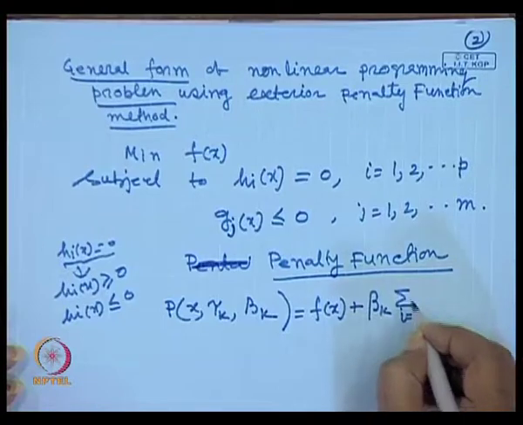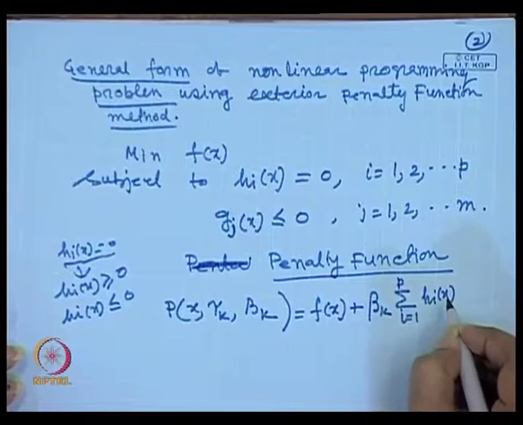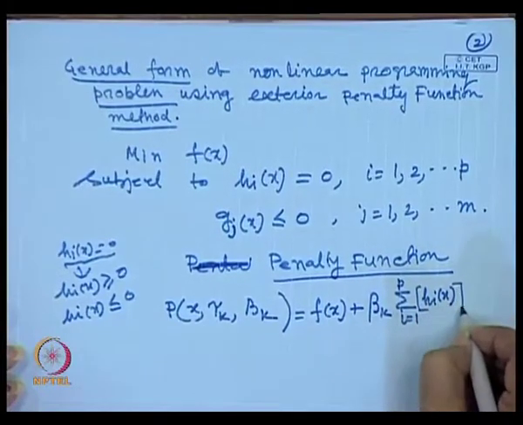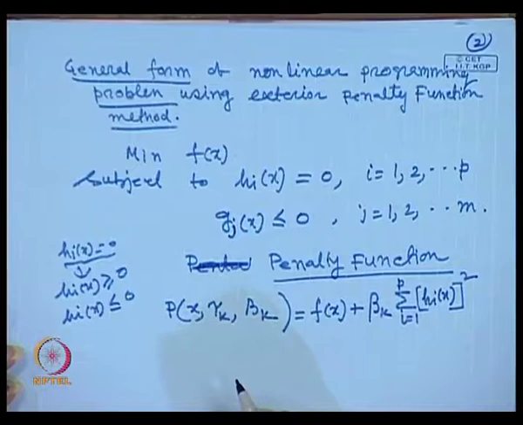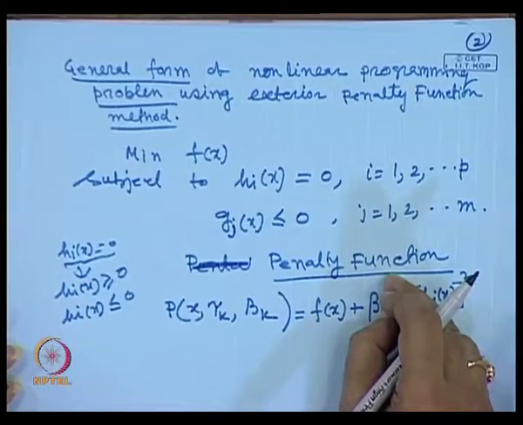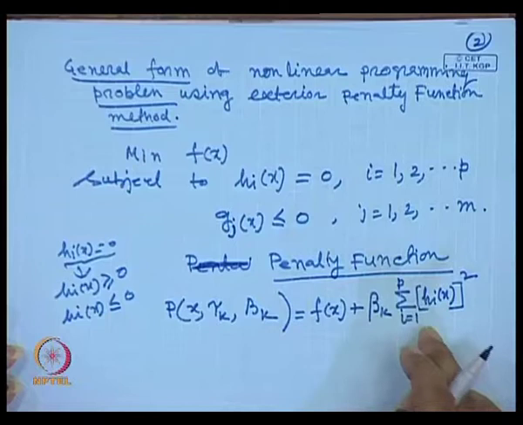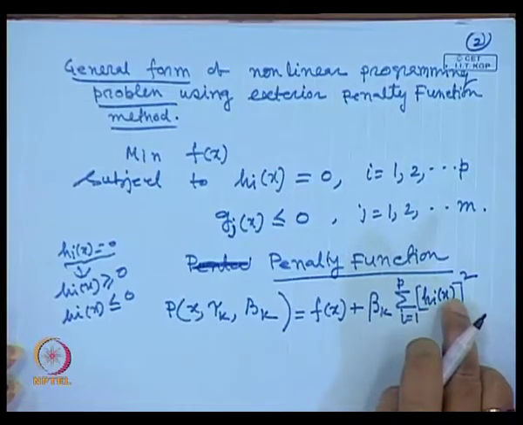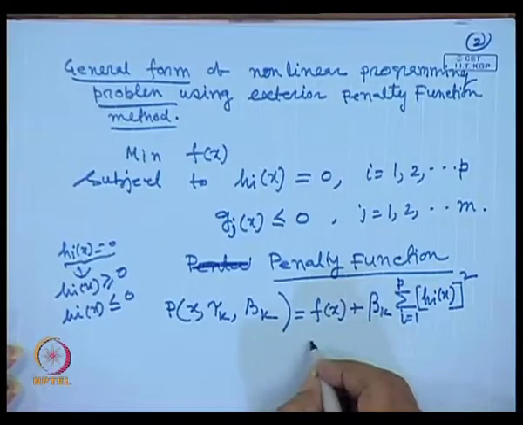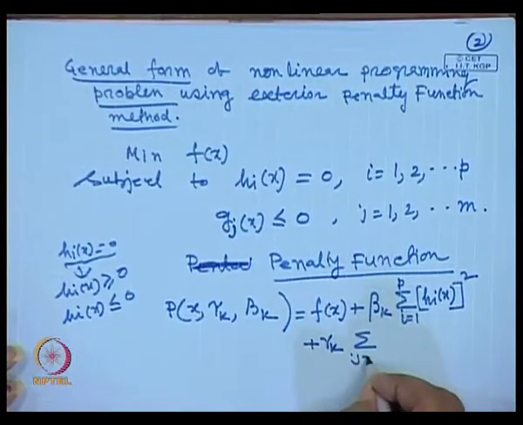So, the objective function value, then the penalty terms value corresponding to the equality constraints.